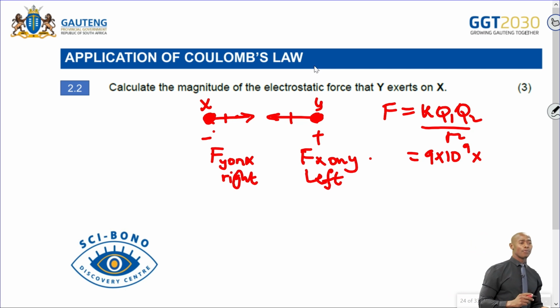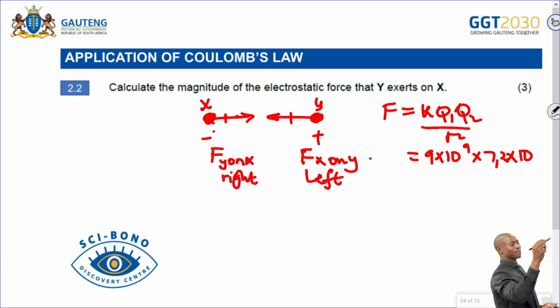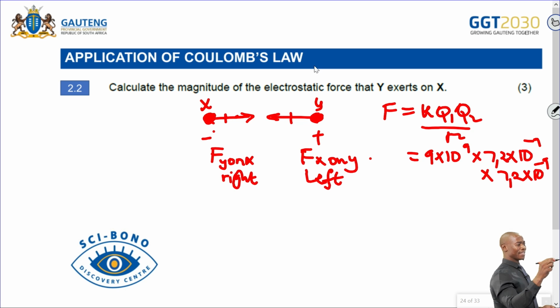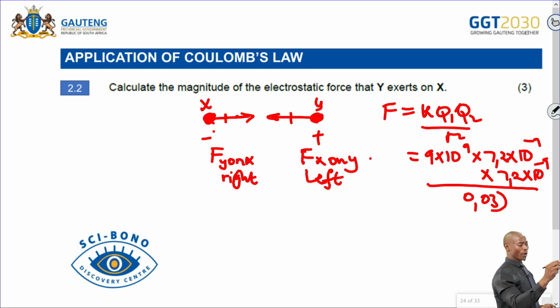So you substitute the positive. So it will be 7.2 times 10 to the power negative 9, multiplied by 7.2 times 10 to the power negative 9 again, divided by the distance, which is 0.03 squared. Let's not forget the square.